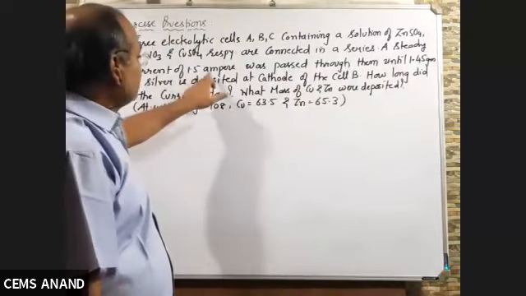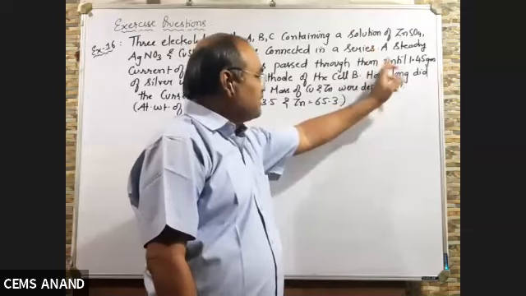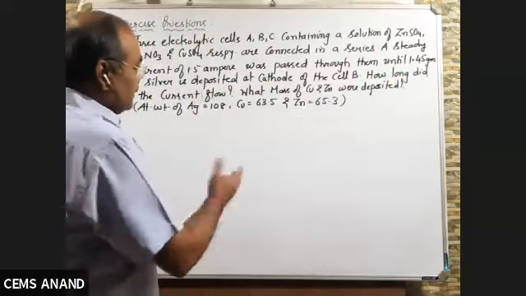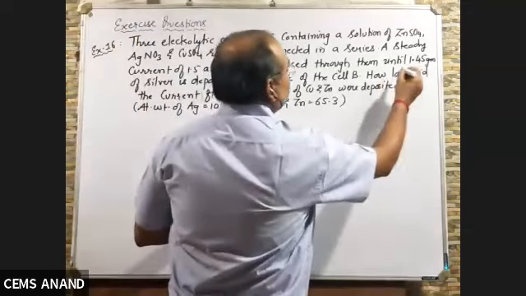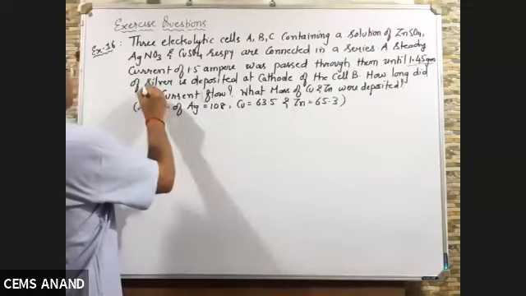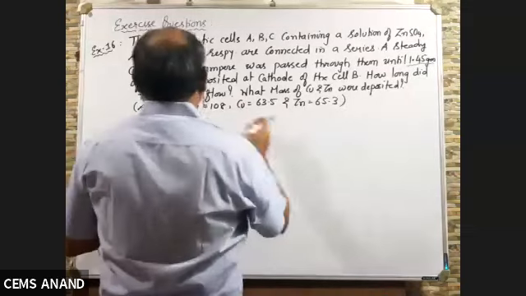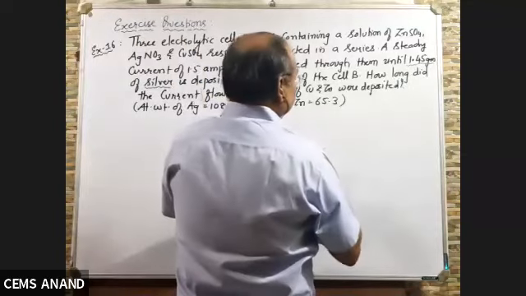A steady current of 1.5 ampere was passed through them until 1.45 gram of silver is deposited. Data are given. I will write here because space is not there. 1.45 gram of silver is deposited, meaning weight of silver, you got it. How long did the current flow? Let me write what is asked.